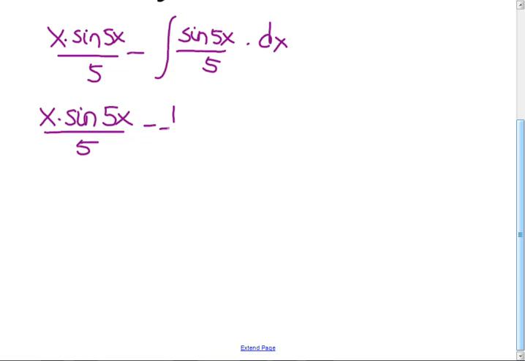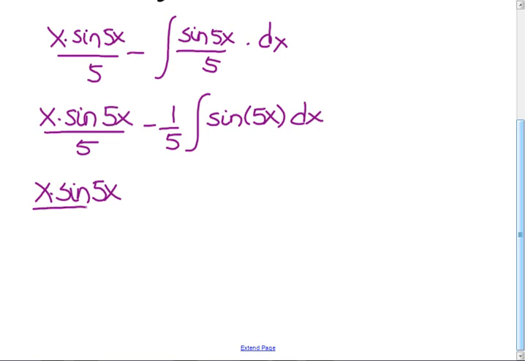Minus 1/5 times the antiderivative of the sine of 5x dx. Now, you guys are pretty experienced. I would hope that you can do this antiderivative without that extra little u substitution. But if you need to, go ahead. Yes, they're all different u's. What's the antiderivative of the sine?